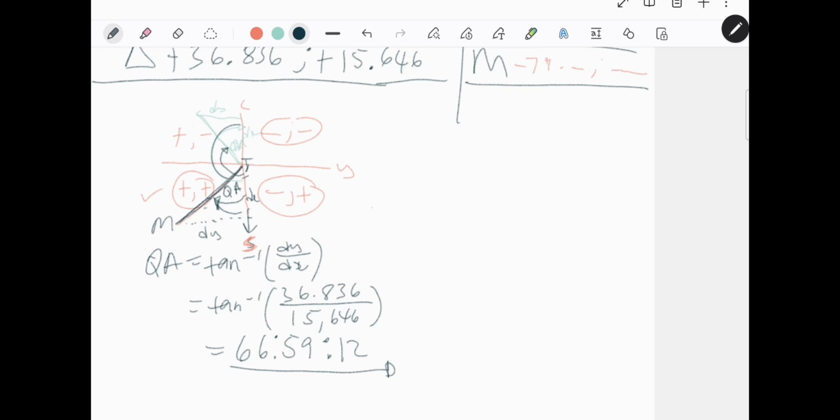But now it's not the case, so this quadrant angle is equal to our bearing. So this is the same as our bearing T1M.